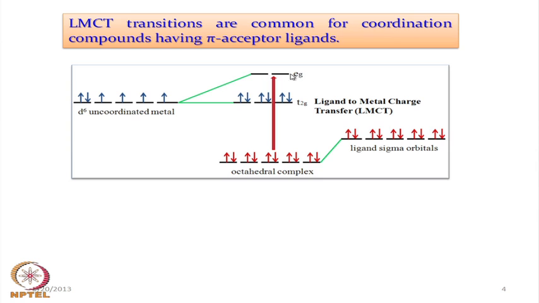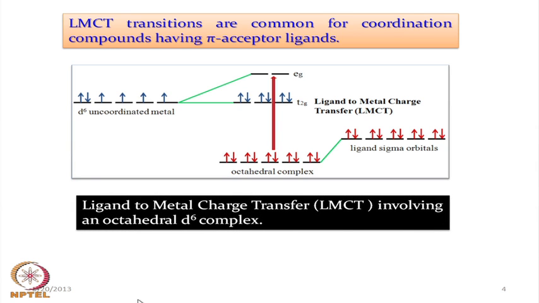So, Eg is the antibonding level compared to the T2g level, and it is vacant. So, the charge density can flow from the ligand orbitals to the vacant metal orbitals. So, ligand to metal charge transfer transition can take place here.